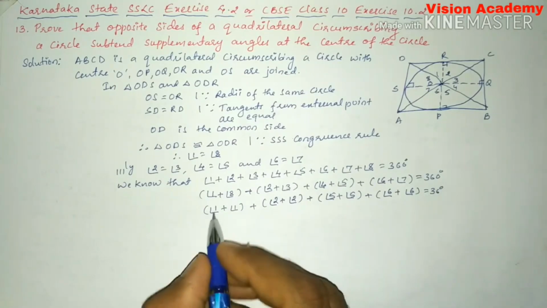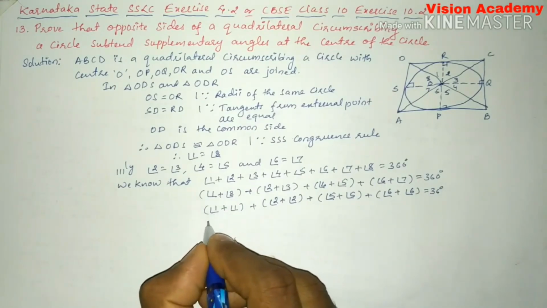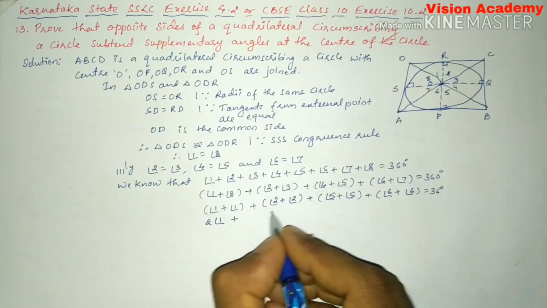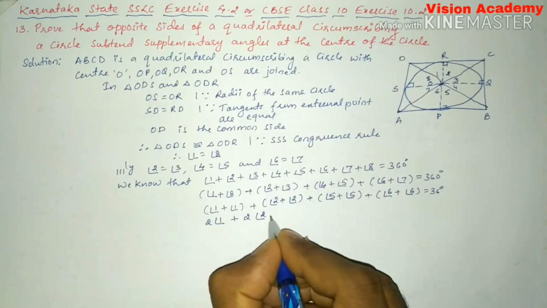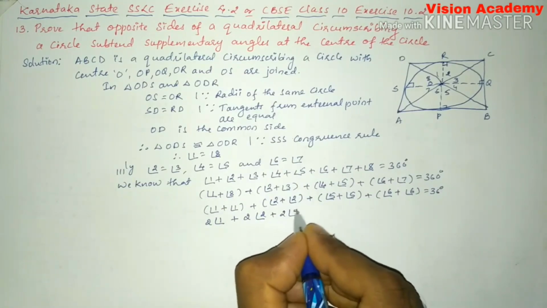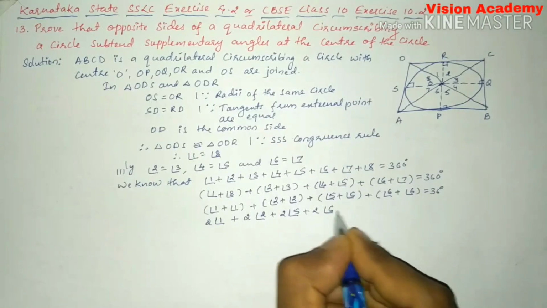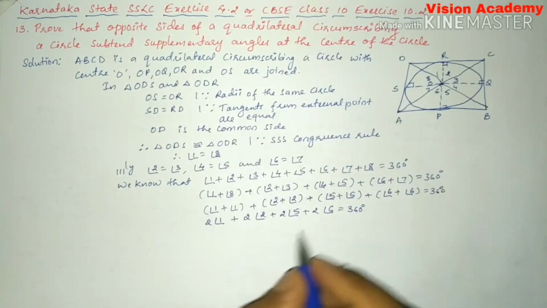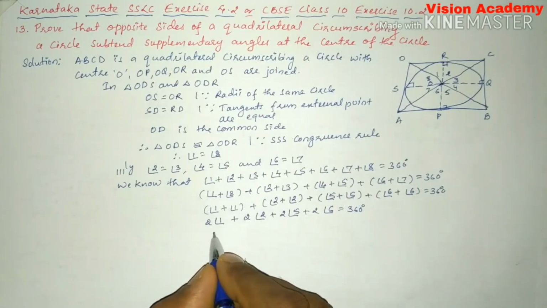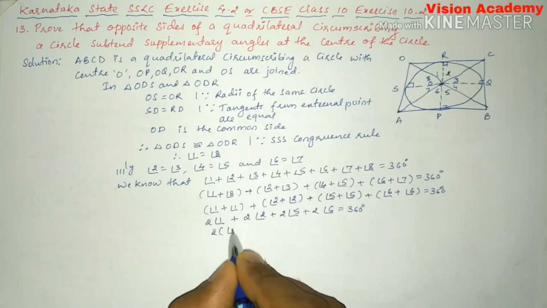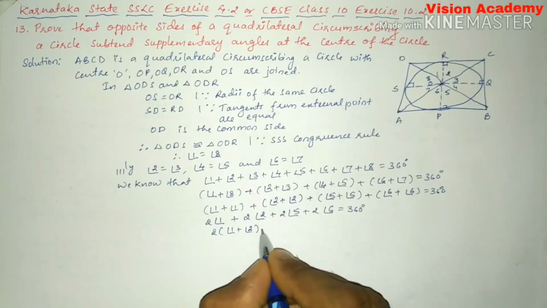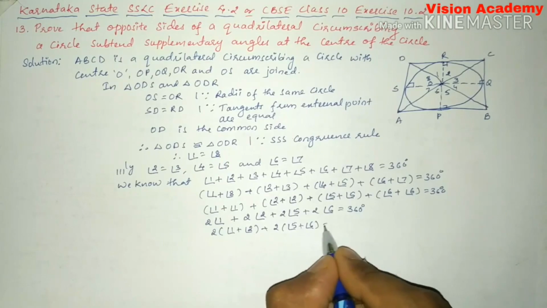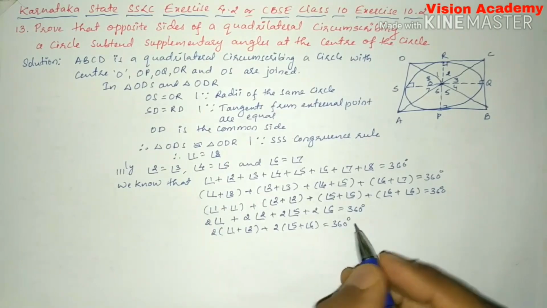Now angle 1 plus angle 1 is 2 angle 1 plus angle 2 plus angle 2 is 2 angle 2. Similarly 2 angle 5 plus 2 angle 6 is equal to 360 degree. Take out 2 as common. 2 into angle 1 plus angle 2 plus 2 is common, angle 5 plus angle 6 is equal to 360 degree.